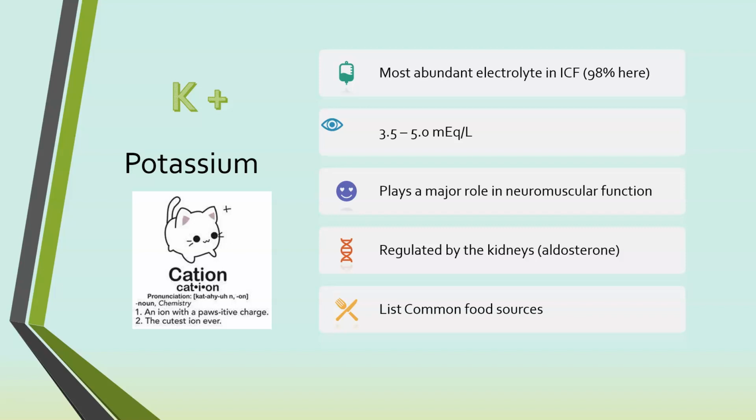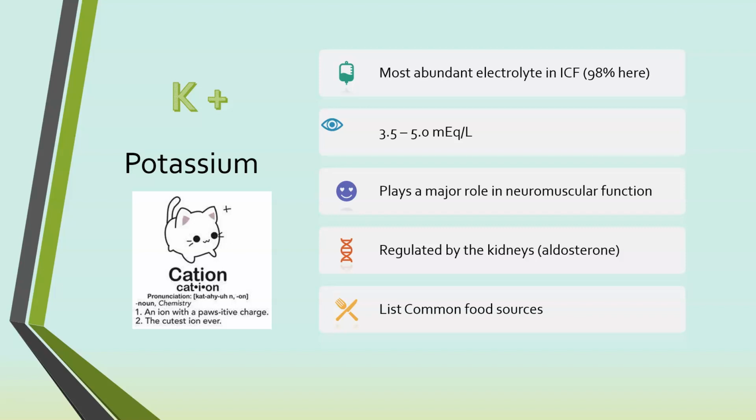Now we're going to move on to potassium. And potassium is going to be very vital almost in everything we're going to talk about for the remainder of the semester. Everything will have something to do with potassium. So make sure that you're well aware about potassium in the body because it does have a significant effect on the body. It is the most abundant electrolyte in the ICF, so the intracellular, 98% of potassium exists in the cells.